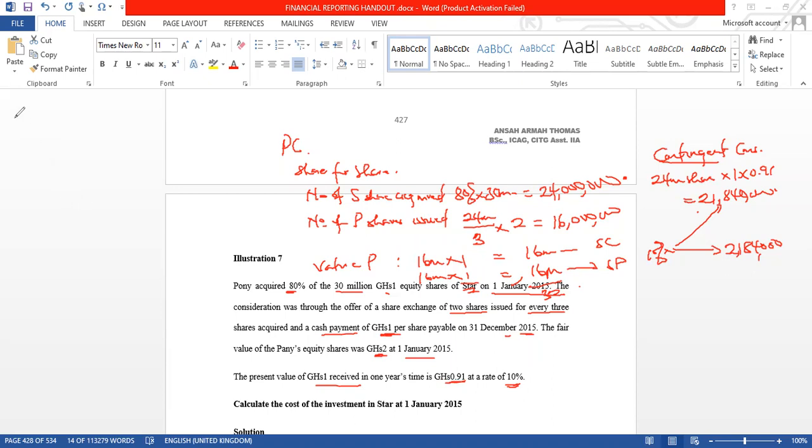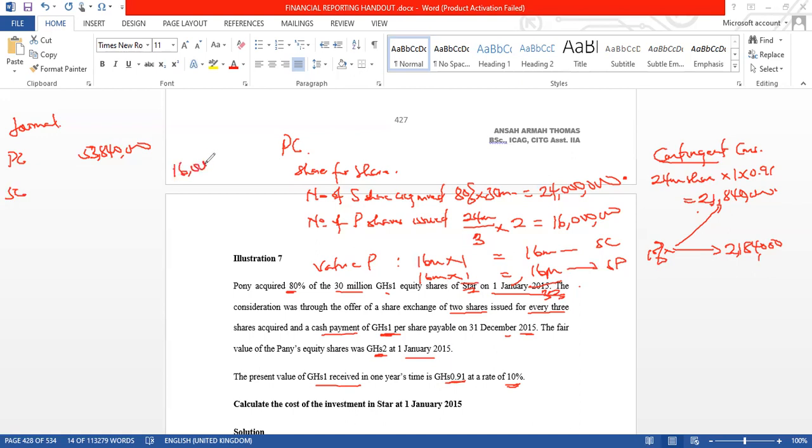So if we are to pass our journal, you know that the investment is, so if you are 21 and 32 million, I think you are having 53,840. So our total purchase consideration, which is a debit, will be 53,840.